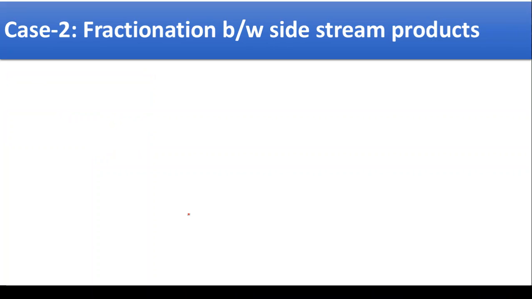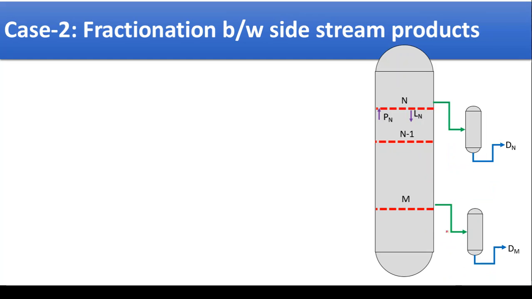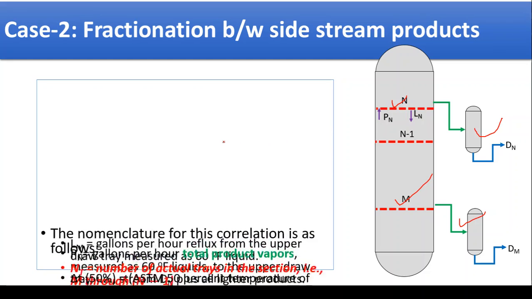Now come to the second case, case 2, where we are talking about the intermediates. This is the tray from where you take out the first liquid product, and this is the tray from where you can take out the second liquid. So these are two liquids. We are going to find out the fractionation possibilities between these two side streams, and for that we can go for the nomenclatures.